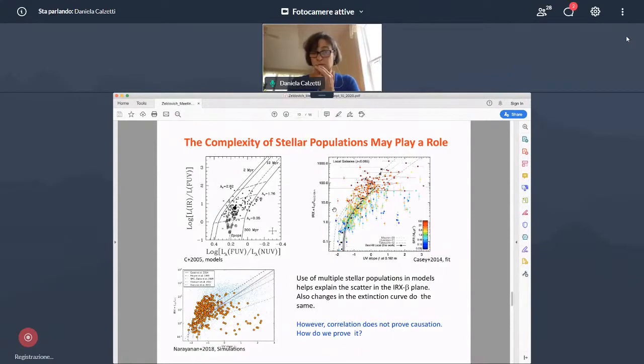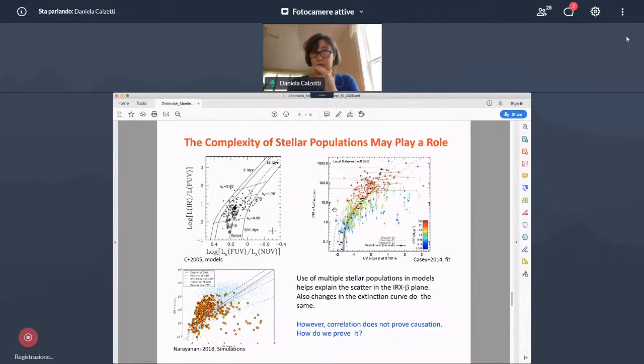You are collecting a lot of stars over the Hubble time. Therefore, the complexity of the star formation history might play a role. Again, this is a very busy slide, and its only goal is to show that authors tried to use multiple stellar populations to explain the variety of behaviors on the IRX beta plot.